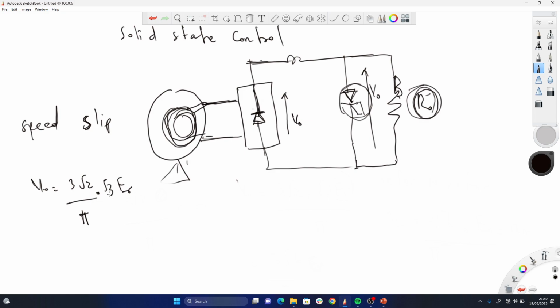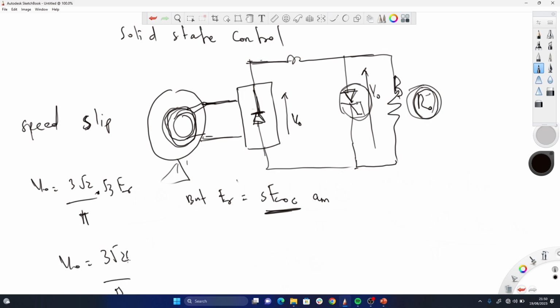And we said that ER is equal to S EOC. So now I want to refer this from the primary to the secondary side. So referring from primary to secondary side, you multiply this by the turns ratio, AM. That means I'll get my V naught to be equal to 3 root 2 over pi.